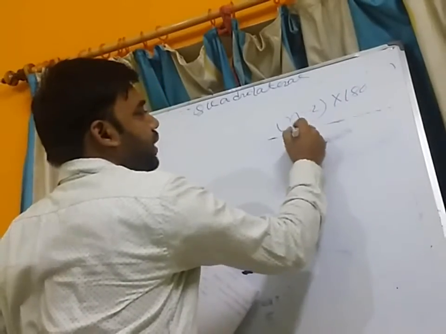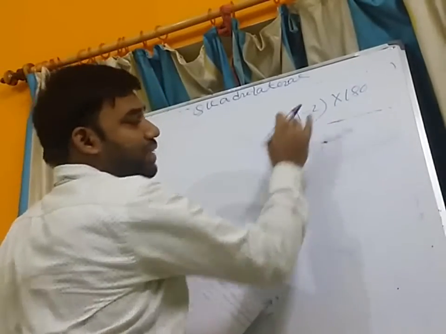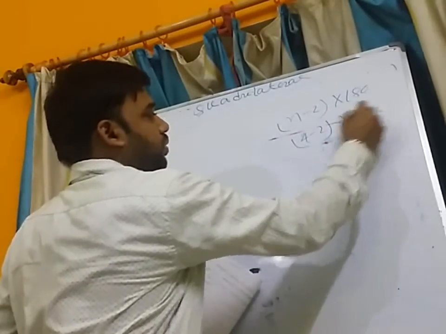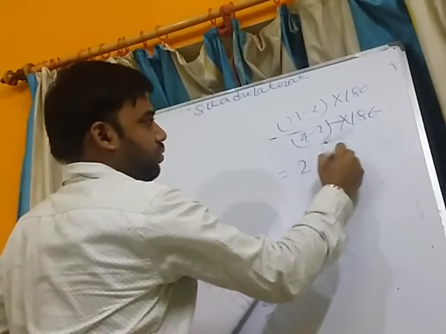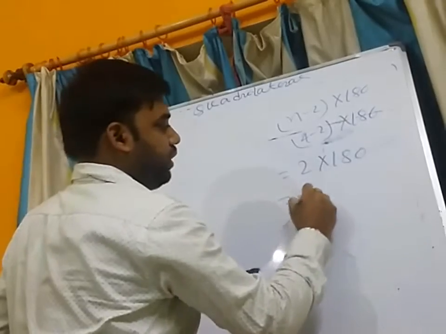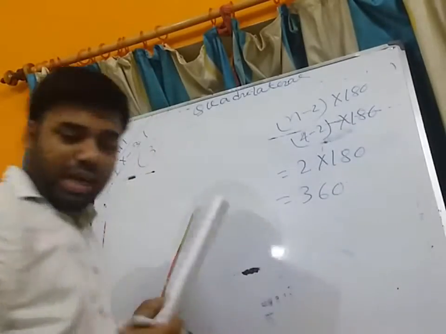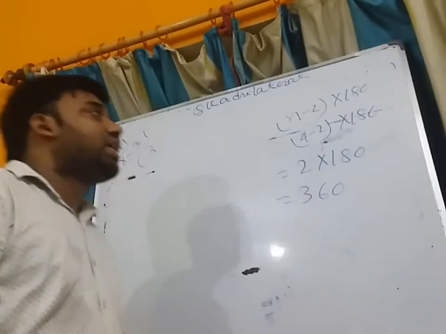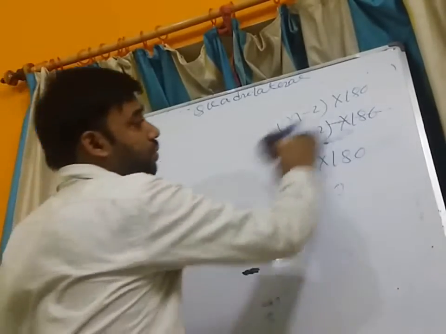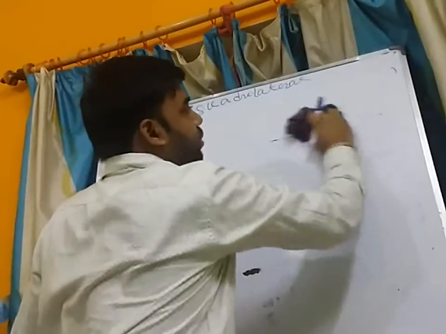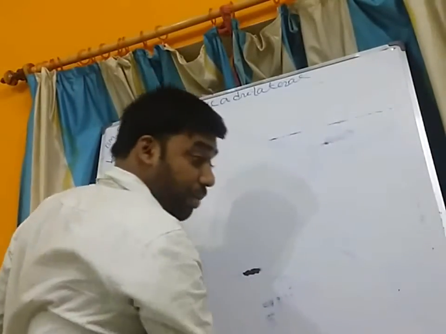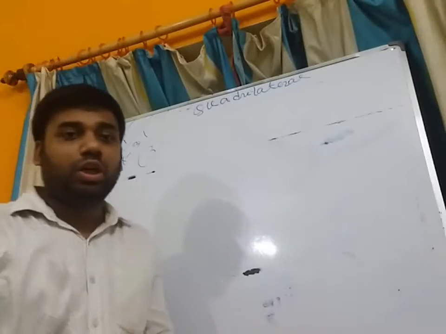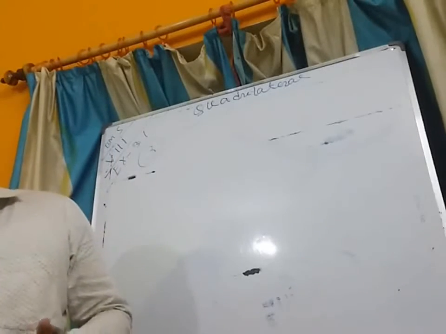Put n equal to 4, where n is the number of sides, that gives 360. In class 7 we learned that the sum of the angles of a triangle is 180 degrees. That is called the angle sum property. Using that property, we will prove this sum.